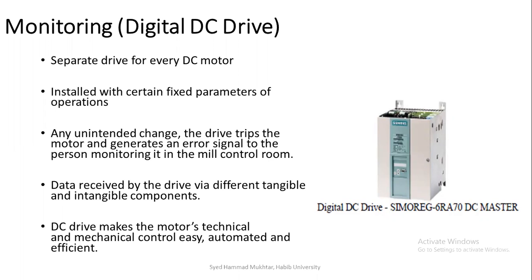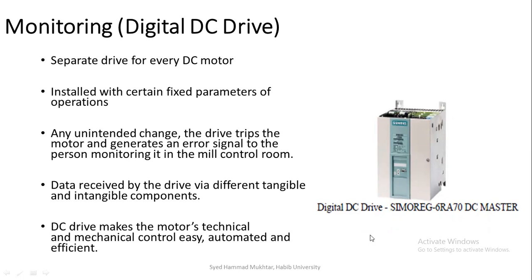We do the monitoring via the digital DC drive. So you can see over here the Simoreg 6RA70 DC Master by Siemens, which is used, where every single motor has a separate drive for it. The drive is installed with certain fixed parameters of operation, such as armature voltage, torque, speed, and so forth.